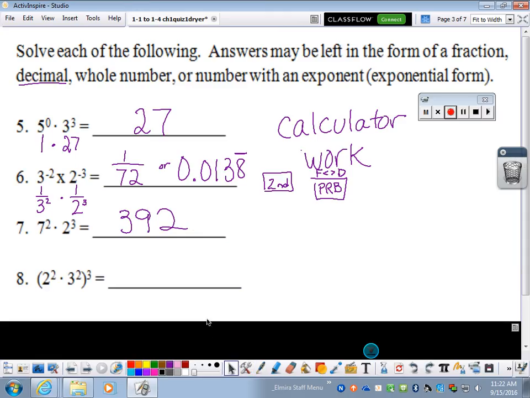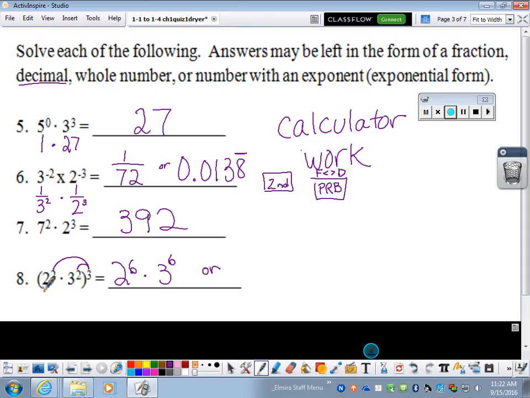And the last one, you could answer it two ways. This is one you could answer exponentially. If you remember in class that we could take our outside 3 and multiply it by this 2 and multiply it by this 2. So I'd get 2 to the 6th power times 3 to the 6th power. Or you could give the full answer by typing in exactly how you see it, including the parentheses.